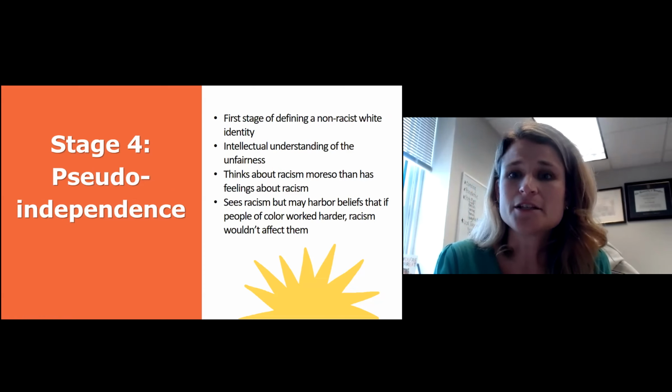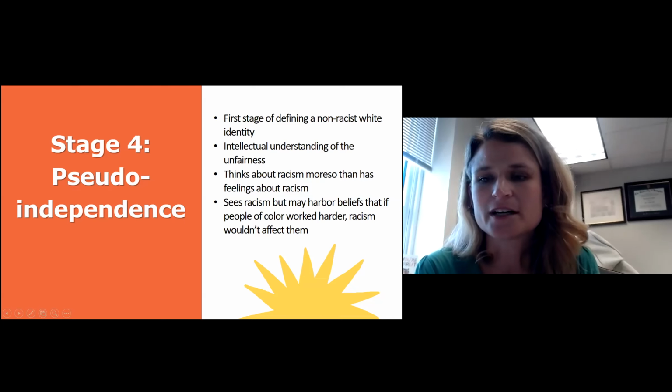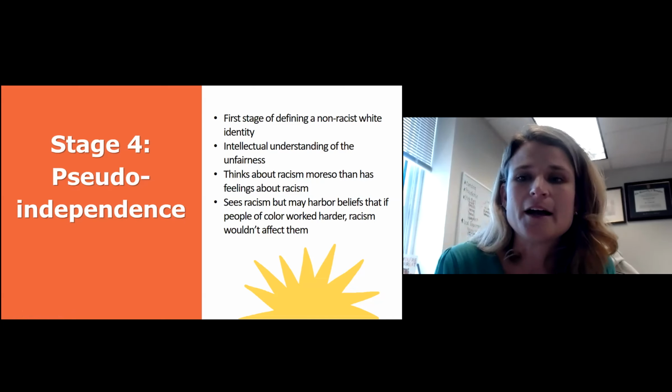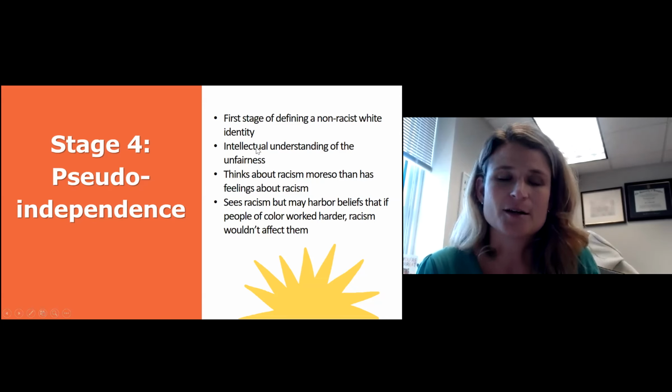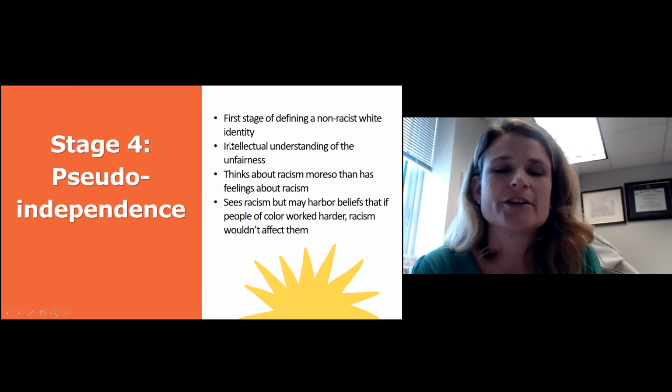All right, so stage 4 is the first stage of defining, assuming we're trying to have a non-racist white identity, not based on superiority or inferiority. The first 3 are more externally focused, and the last 3 start to take it more internally.